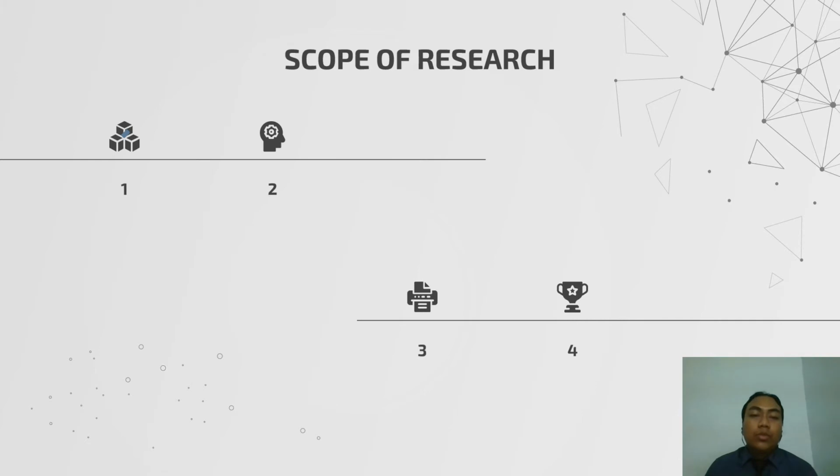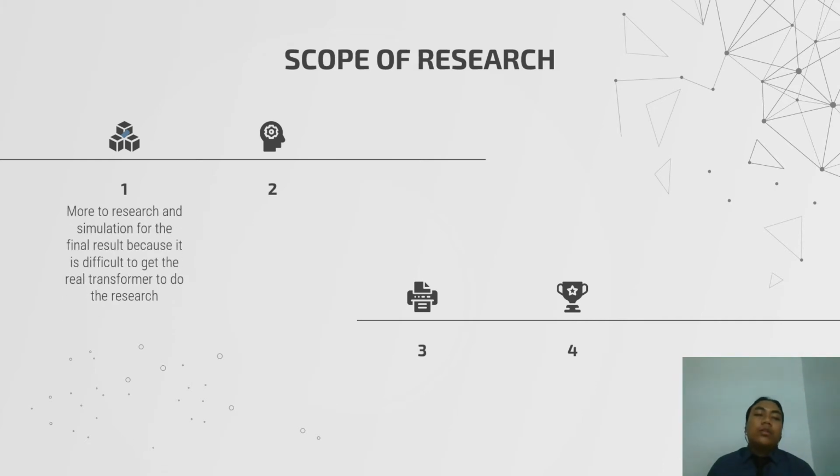There are 4 scopes that will be done for this research. The first scope is that this project is more to the research and simulation for the final result, because it is hard to get a real transformer to do the research.